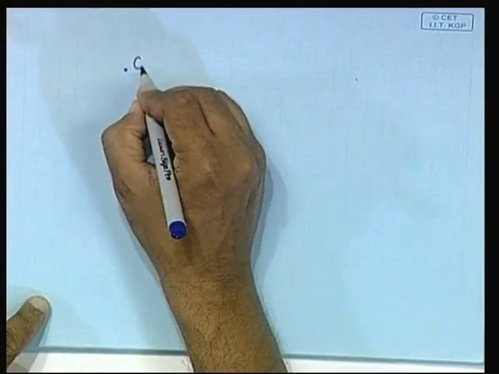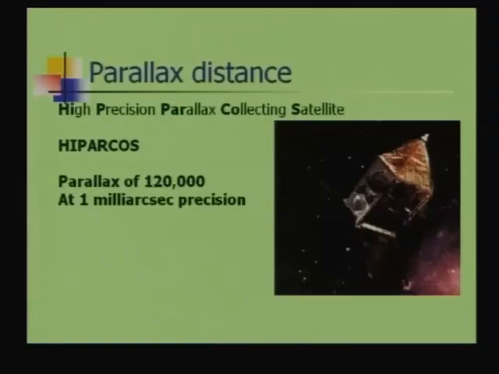Now, from earth based observations, parallax angles of the order of 0.01 arc second could be measured. This measurement of parallax distances was revolutionized in the 90s with the launch of the satellite Hipparcos.